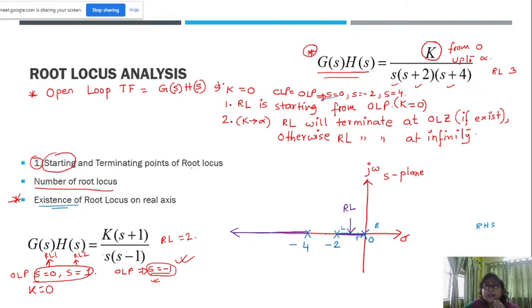If even number of test poles appear, I know that there will be no root locus branch existing between that part, or whose right hand side we can have even number of test poles. তাহলে from -2 to -4 for each and every point I will get 2 test poles, that means even number of test poles. Naturally no root locus will exist between -2 to -4.